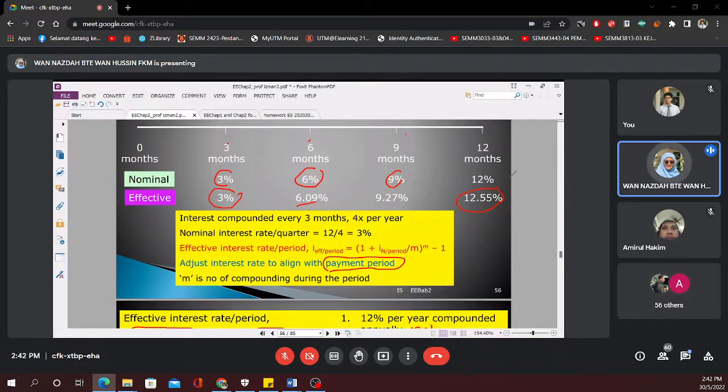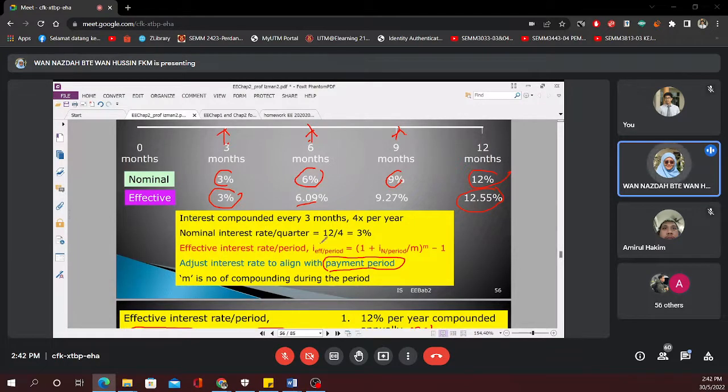So towards the end, kalau dikira 1 tahun, your interest is no longer 12% but 12.55% because the bank charges you every 3 months. Kat sini pun dia kira. Dia bukan kira sekali dekat ujung ni.